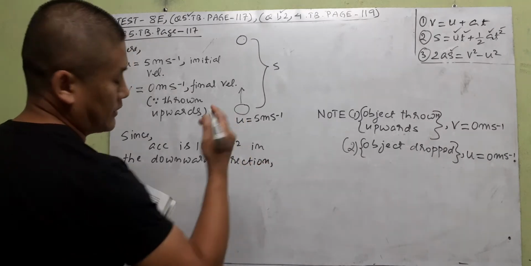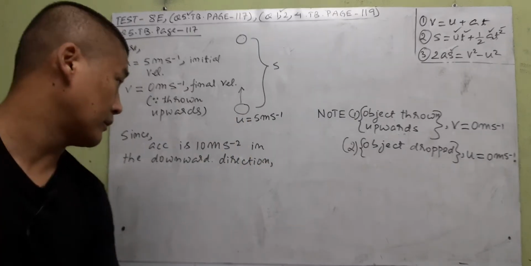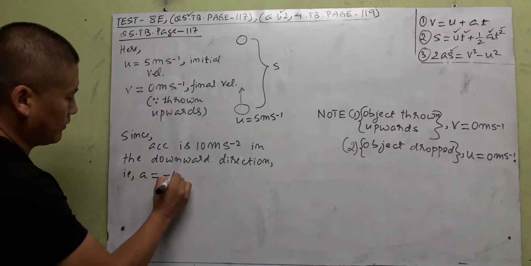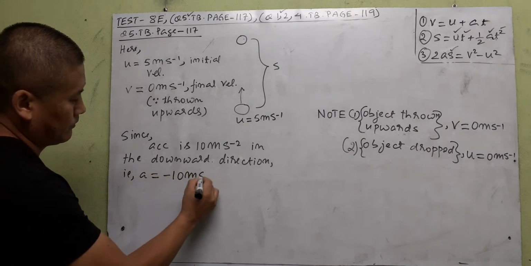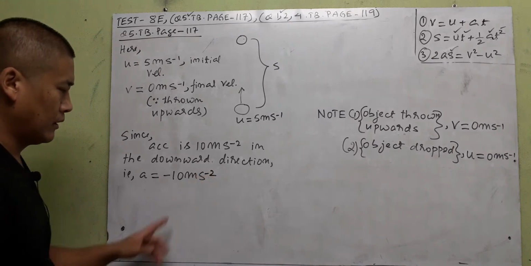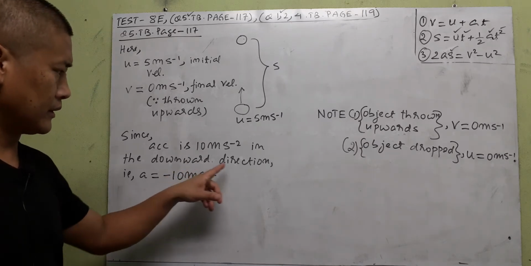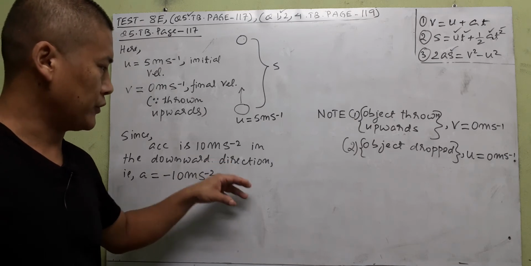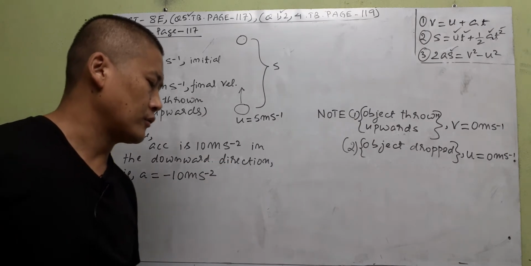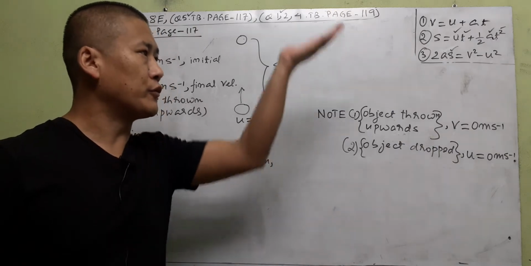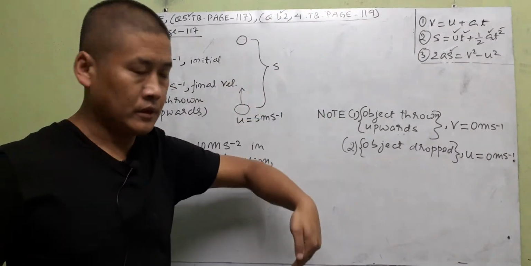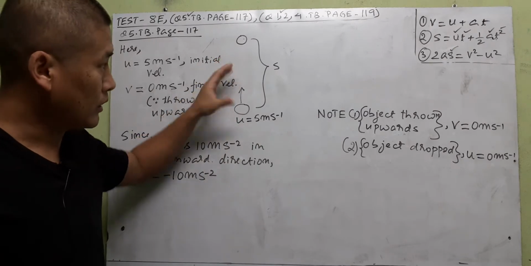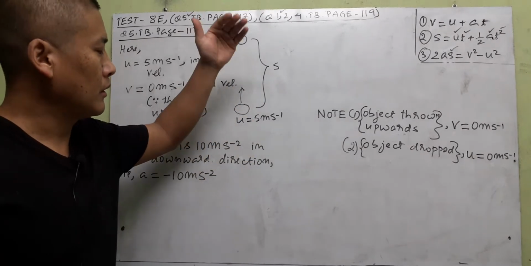The question clearly tells us that acceleration is in the downward direction. That means your a here will be minus 10 meter per second square, because downward direction means opposite to the stone's movement. The stone is thrown upwards, but the acceleration is going down, and when acceleration happens opposite to the direction of motion, it will be negative.